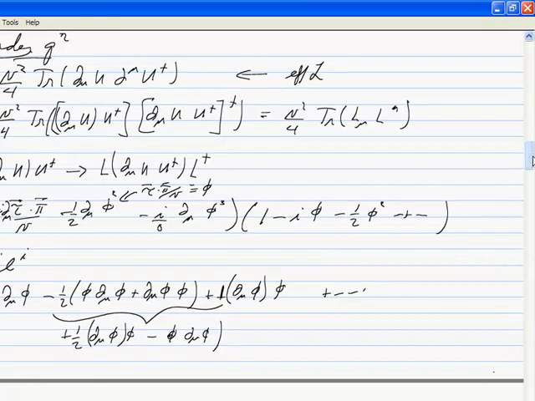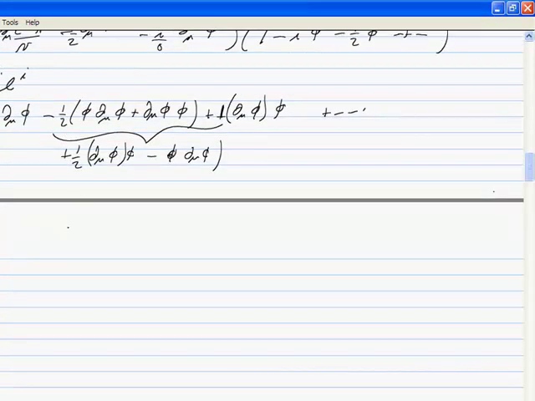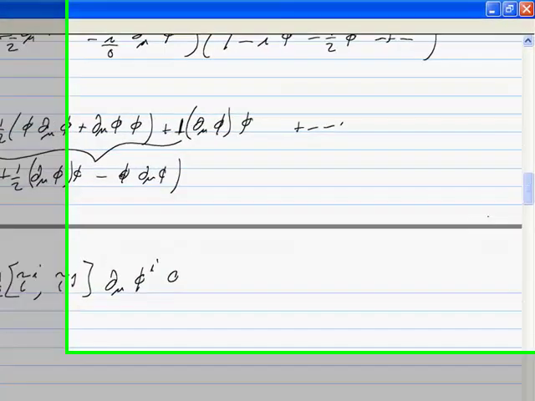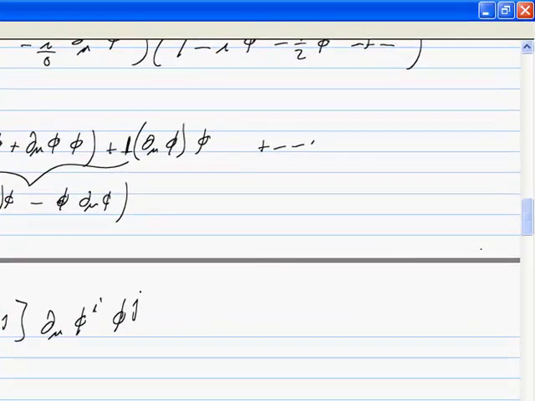If you write out what that is, that's 1/2 tau I tau j d mu phi I phi j, right?